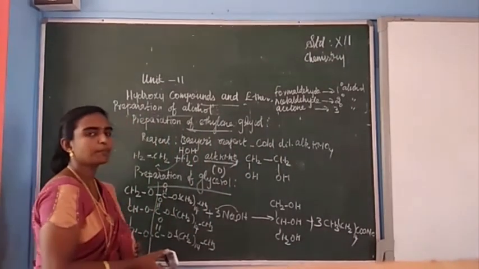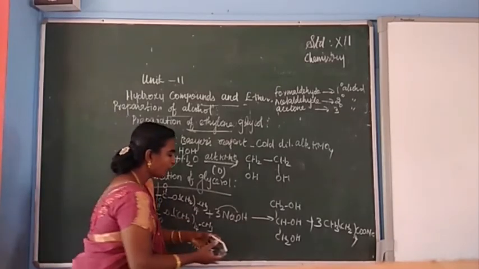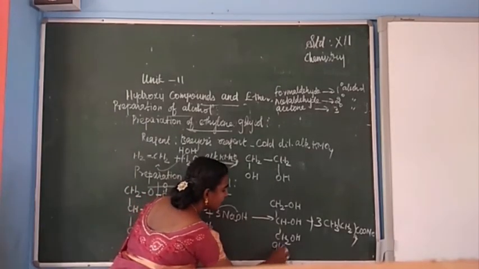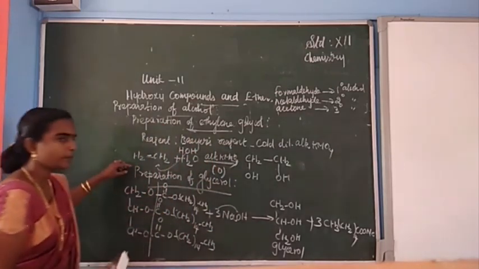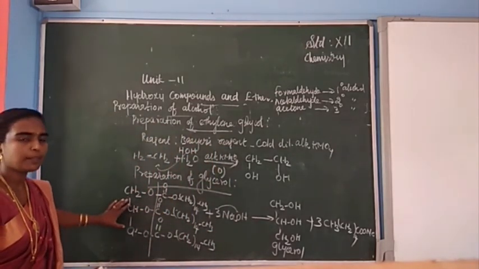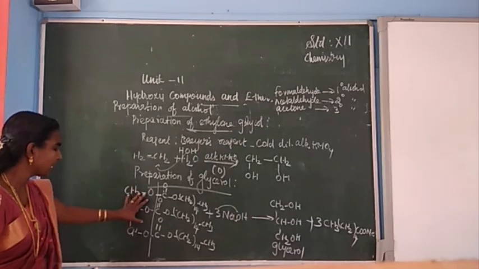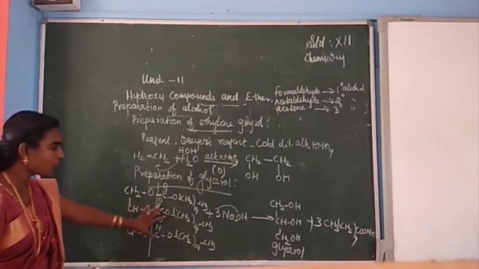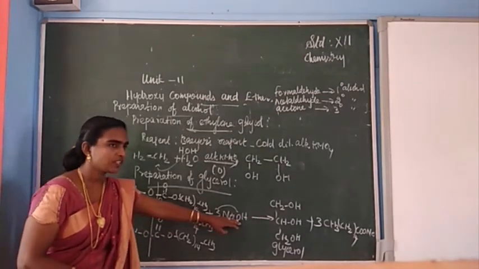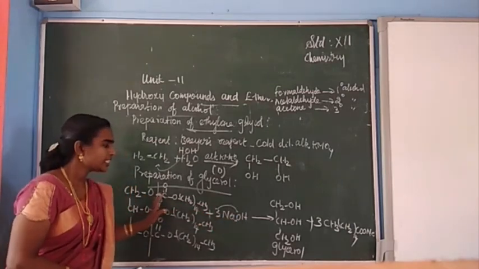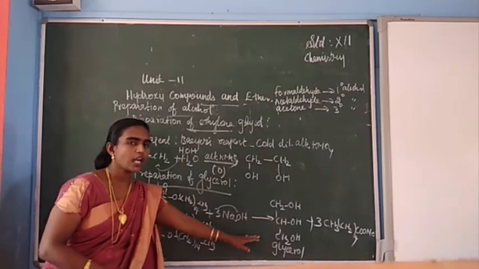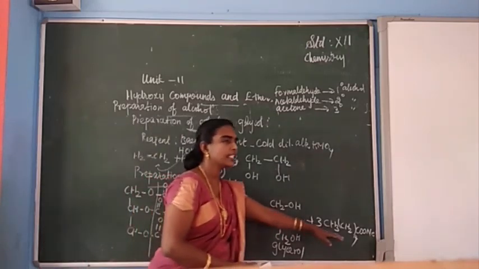It is sodium palmitate. So this compound is called glycerol. Is it clear? So preparation of glycerol can be done by this method. The glyceride triesters on reaction with sodium hydroxide, on basic hydrolysis, give glycerol and sodium palmitate.